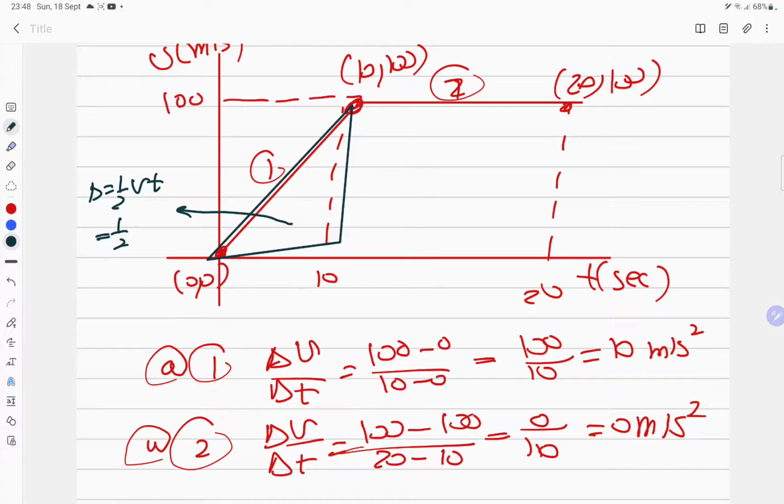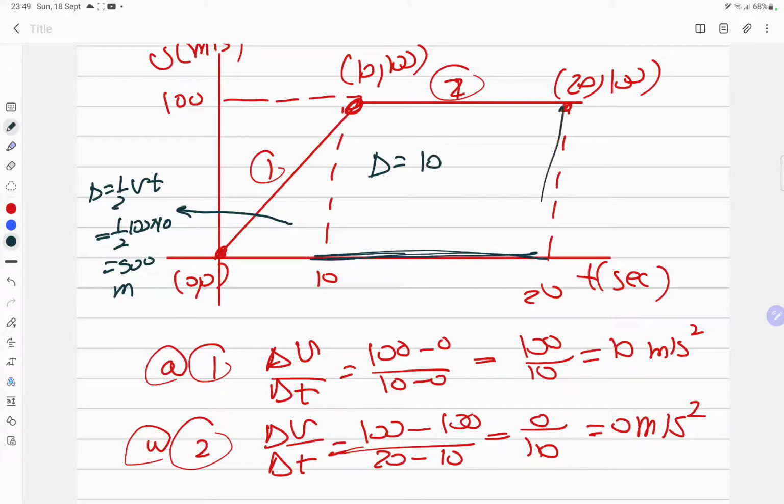Remember, what's the v? 100. What's the t? 10. Half times 100 times 10, so that's going to be 500. 500 what? Meter. And for the rectangle here, displacement is equal to 20 minus 10, which is 10, and the height 100, 10 times 100, and that's equal to 1000 meter.